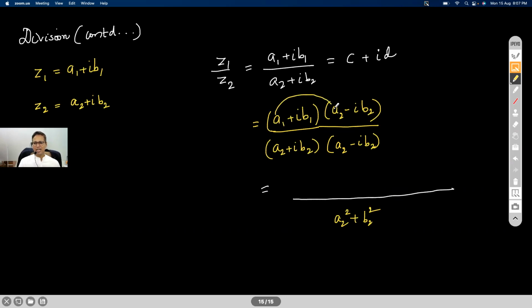This will multiply, giving a1 a2, and this will multiply, giving plus b1 b2, because i square is also there and the minus will also be there. Similarly, this and this will multiply. So the imaginary part will be a2 b1 minus a1 b2.